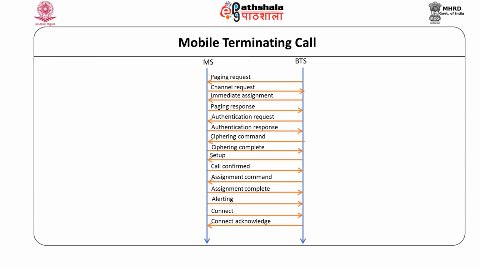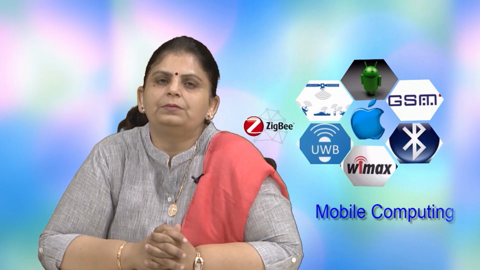Then the connect acknowledgement message by the BTS indicates that the connection is established, and data and speech exchange can take place now. So, this was about the mobile terminating call.